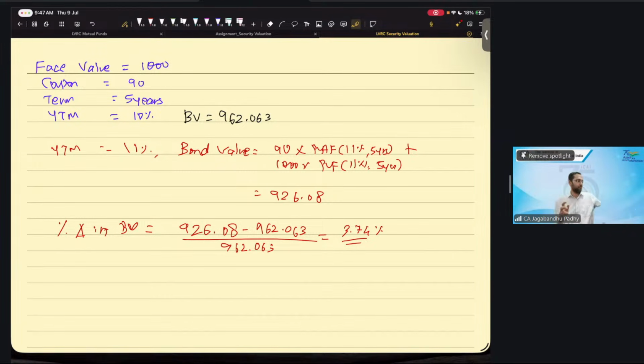Well, the reason lies in the concept of convexity. So let me show you a diagram for easy understanding of this term, convexity.